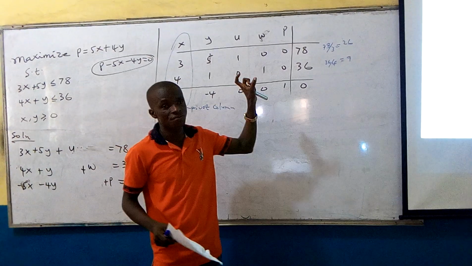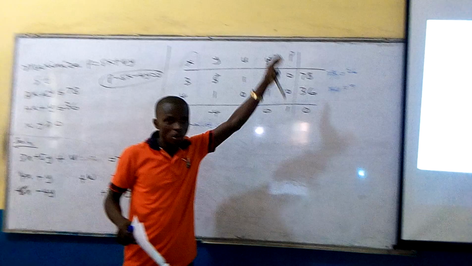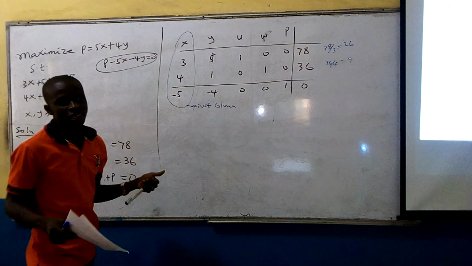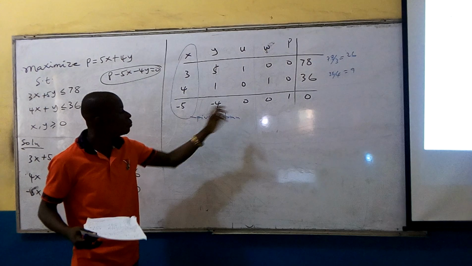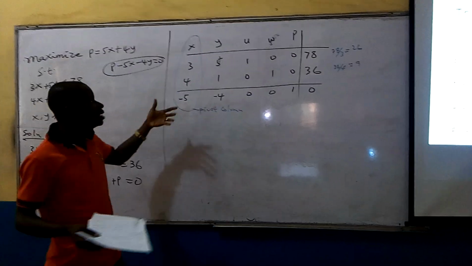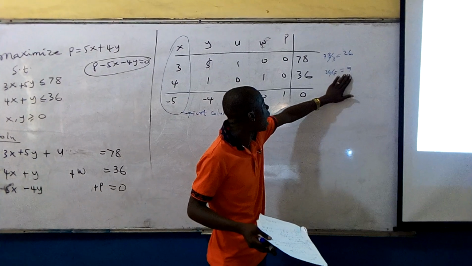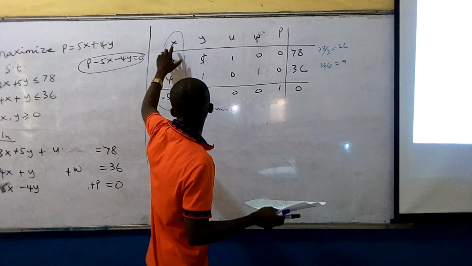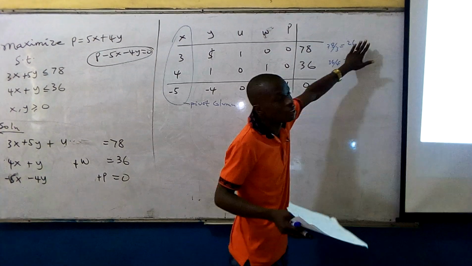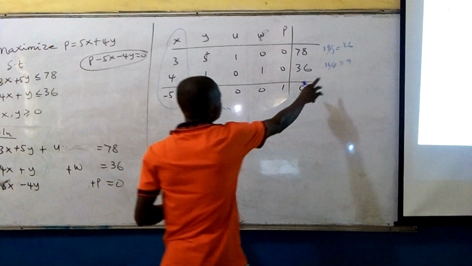On the right hand side, we look at the least positive value, while on the last row, we look at the most negative value. In magnitude terms, we are looking at the positive values after dividing by the pivot column value. Which one is smaller? In this case, it's 9.